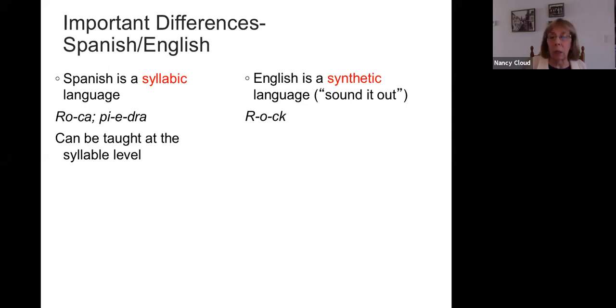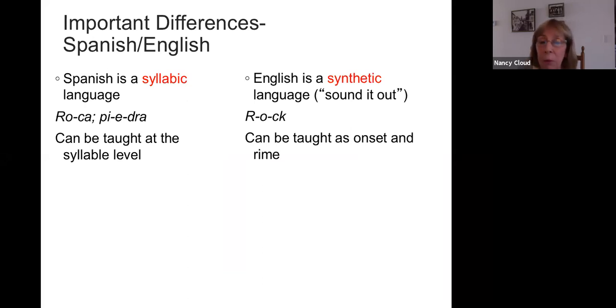K, at, right? We're sounding out every letter. We're not doing it in syllables. The only time we do it as kind of a chunk is if you teach it as onset and rhyme. Rhyme is what the reading specialists call the ending. So if I teach the ak rhyme, ak, etc., then I'm teaching the ending as a chunk.